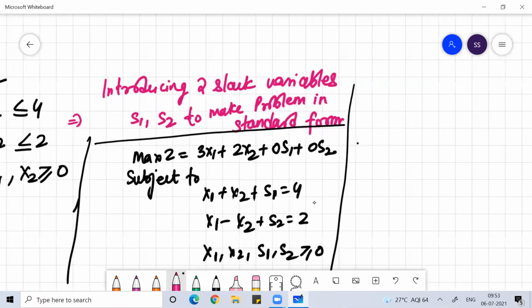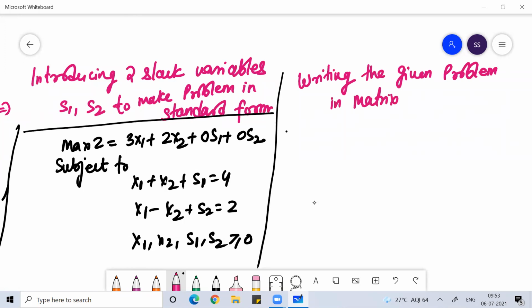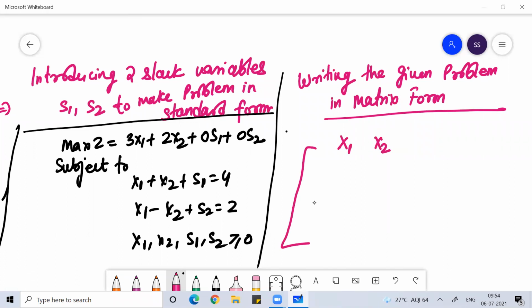Once you're done with this, I can write this in matrix form. Writing the given problem in matrix form, how will I write this? I'll write x1, then s1, then s2, in multiplication of matrices.